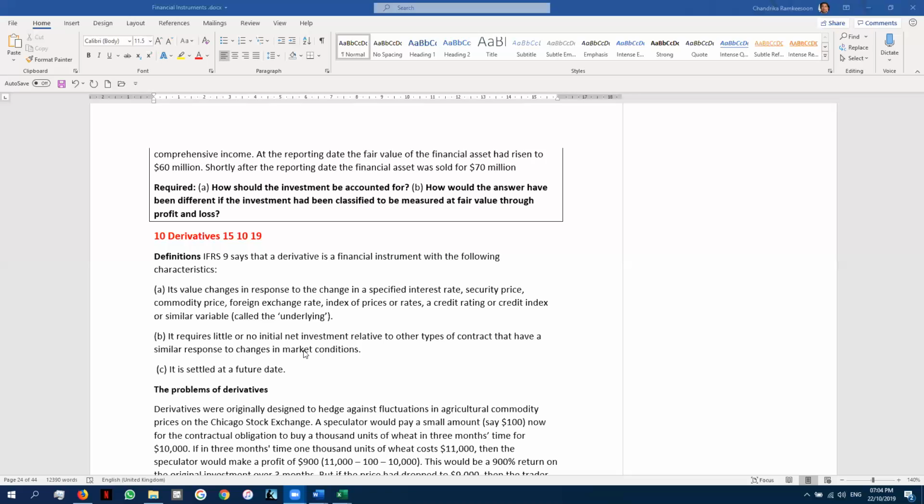When someone invests in a derivative instrument, for example, if you wish to make some money, you may invest in, say, coffee bean futures. The futures is the derivative instrument. As the price of coffee bean goes up, the price of coffee bean futures will also go up.